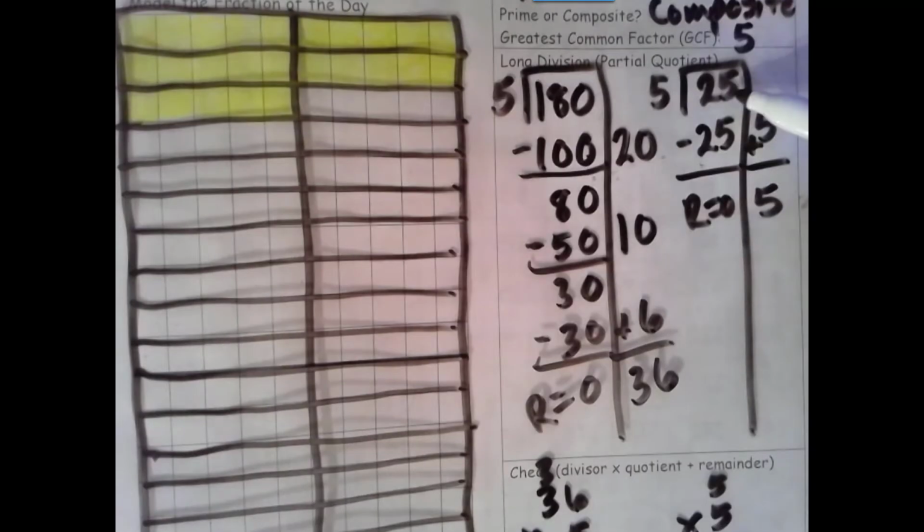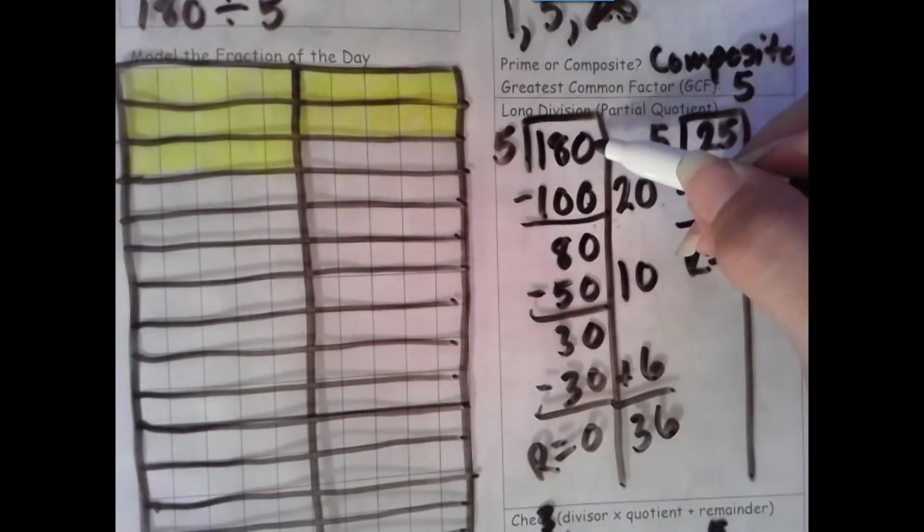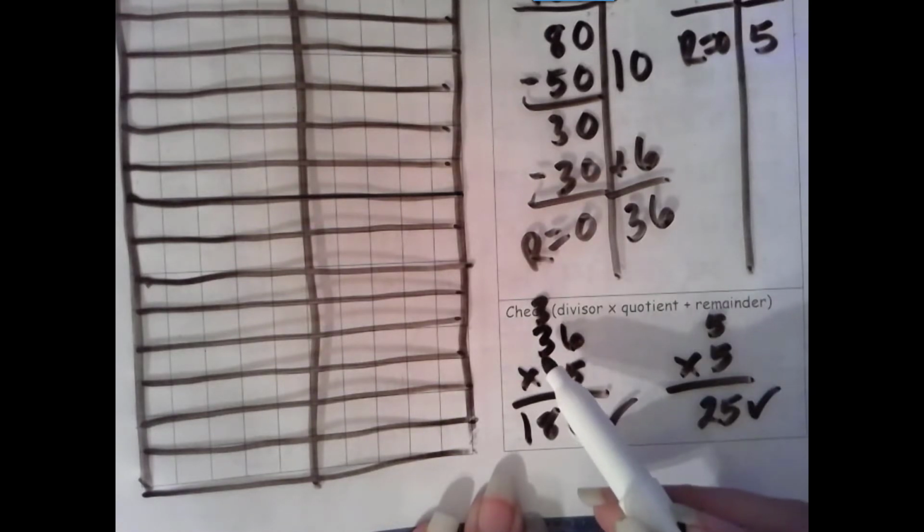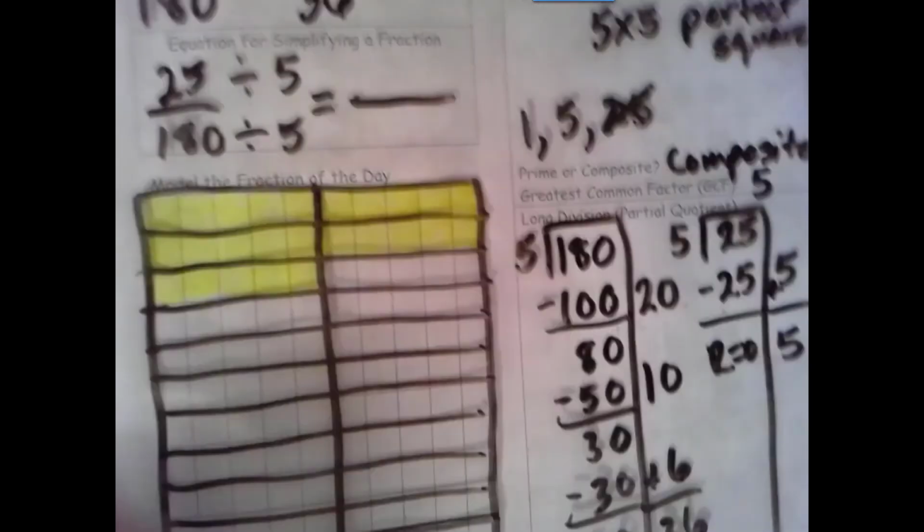So 25 matches my dividend of 25. 180 matches my dividend of 180 here. So those check. And that means that 5 is our numerator and 36 is our denominator.